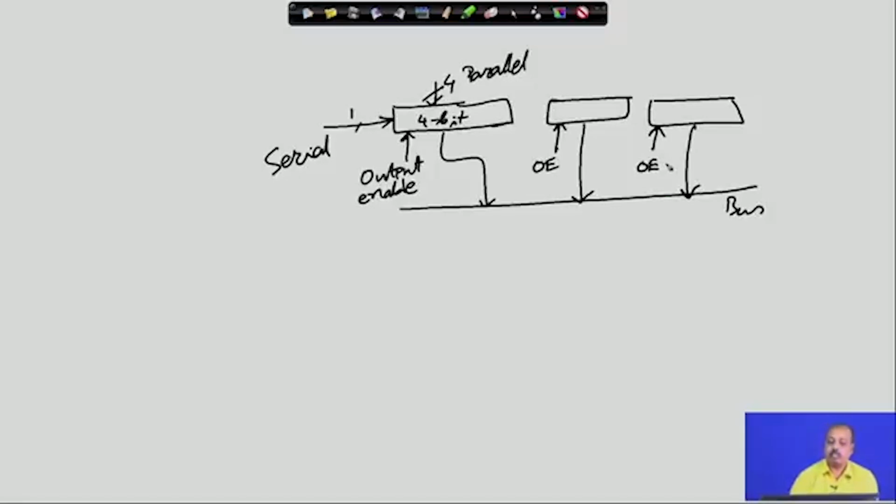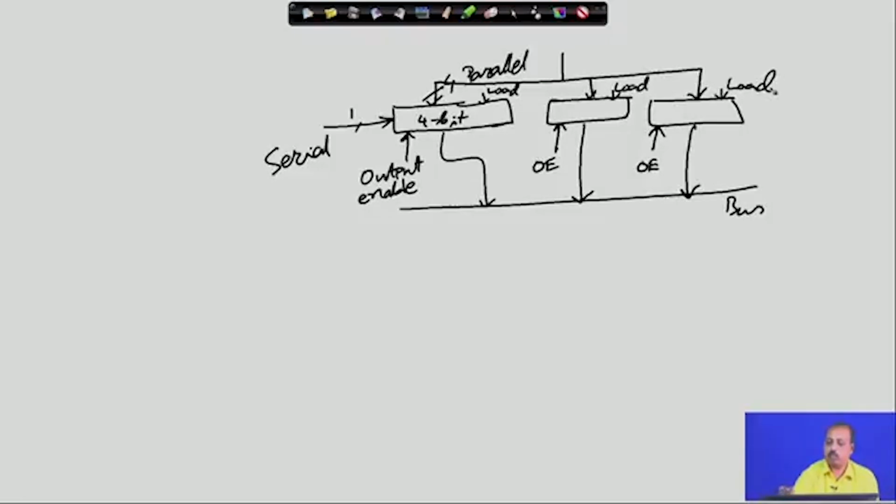Similarly, when I am feeding input to these registers, instead of feeding them differently, I can feed them from a single 4 bit bus, and there can be a separate signal which we call load.